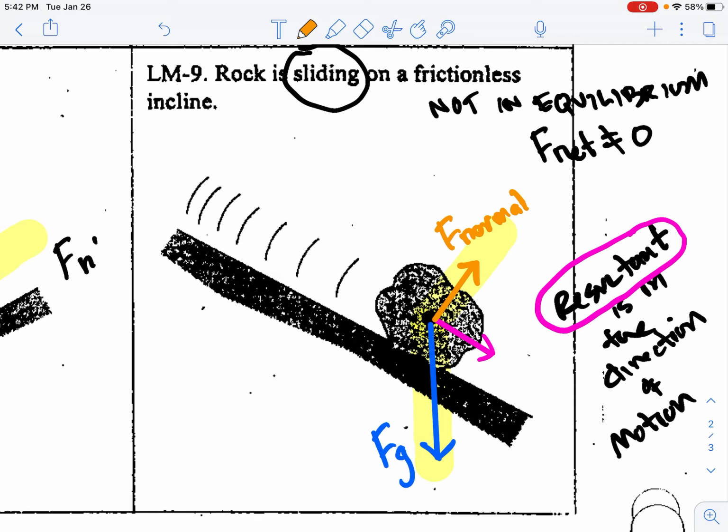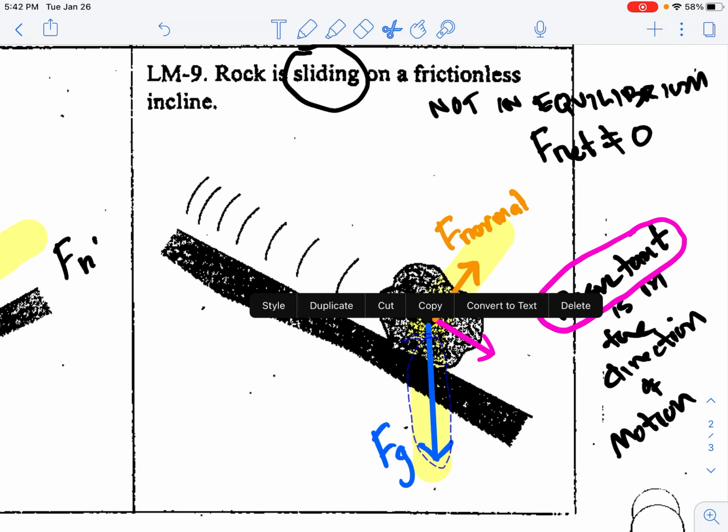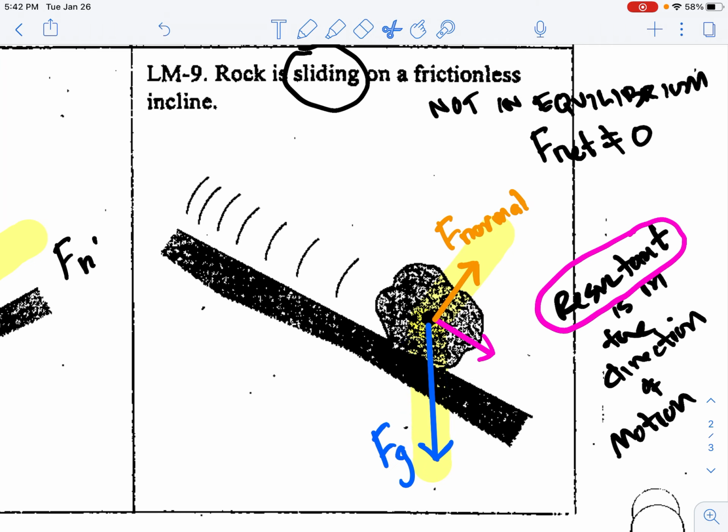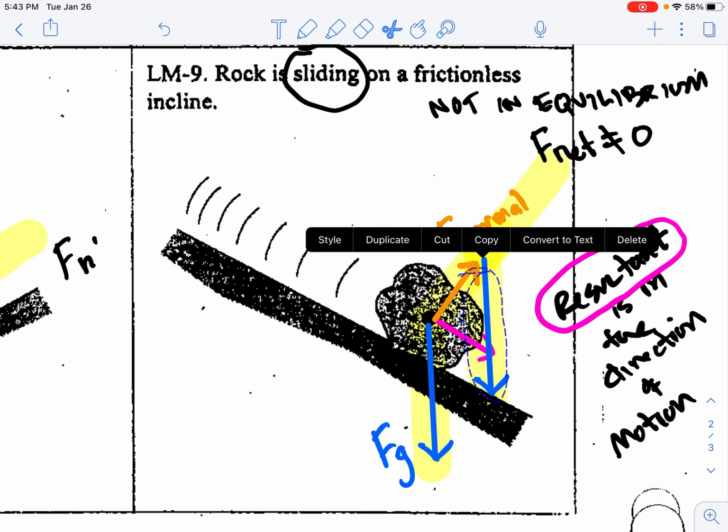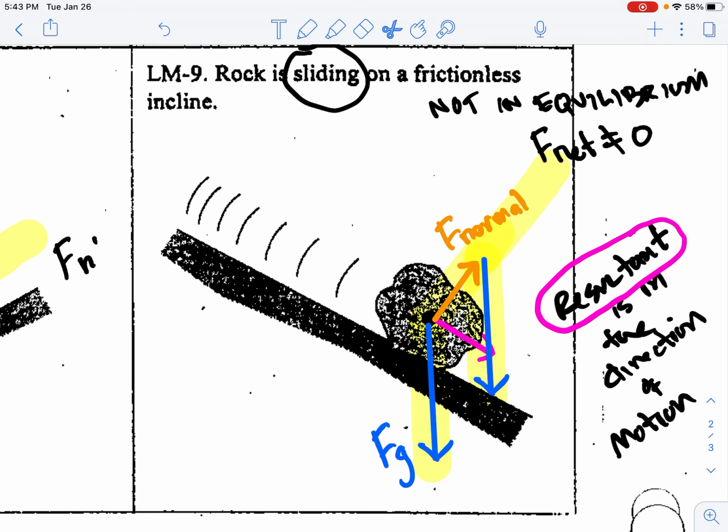Now, if I lasso, I don't know if I made these quite the right size, but if I lasso this one, let's copy that. And then I'm going to add the tail of that to the tip of this one. Oh, look at that. I put that one right there. Okay, good. Then my resultant, let's get rid of that.